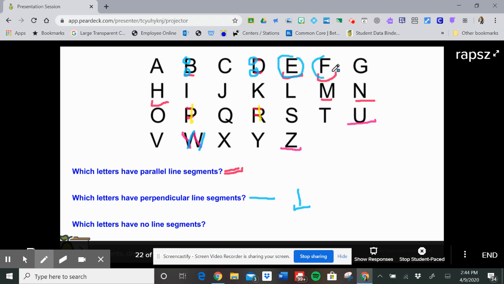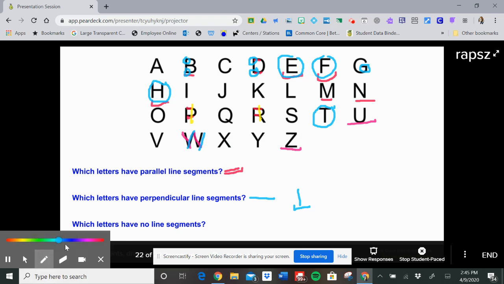Same with F. In G, we have a little tiny perpendicular one right there. H has 2 perpendicular angles. K does not have any. L, M, N, O, P, Q, R, S, none of them. T has 2. And that's it for perpendiculars.